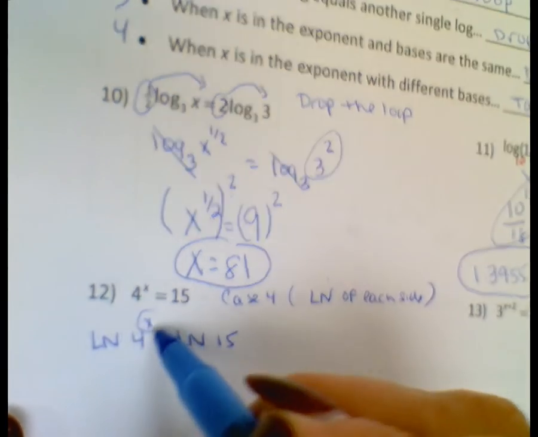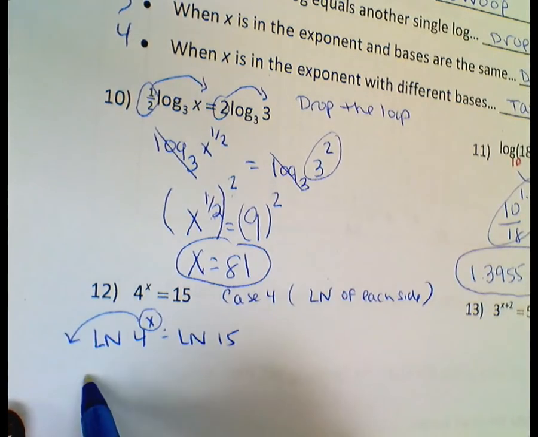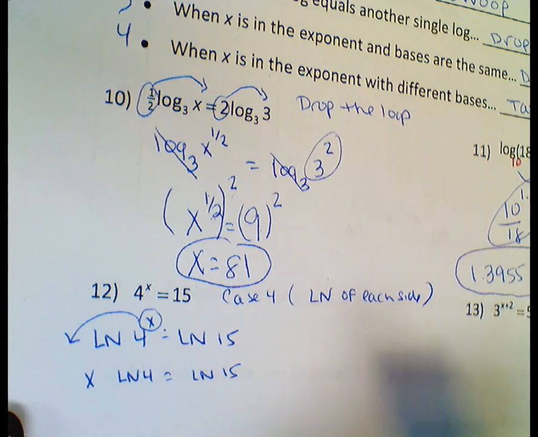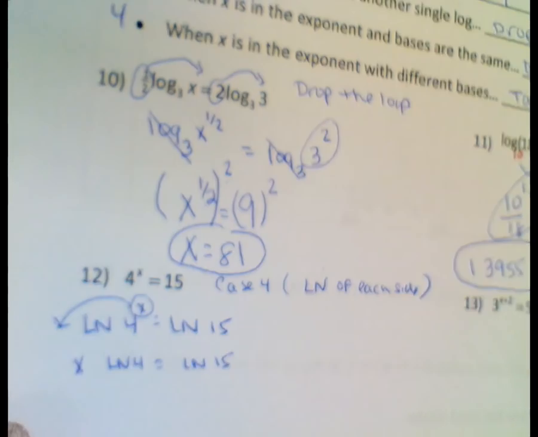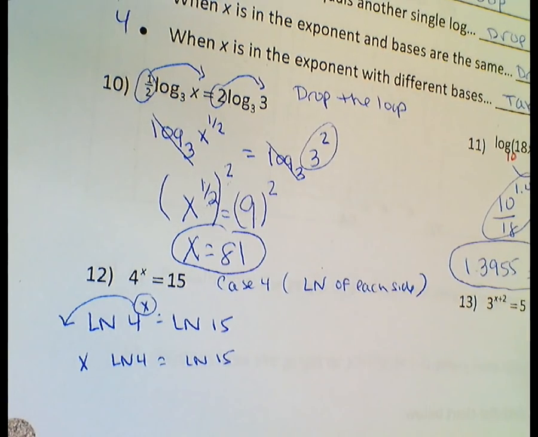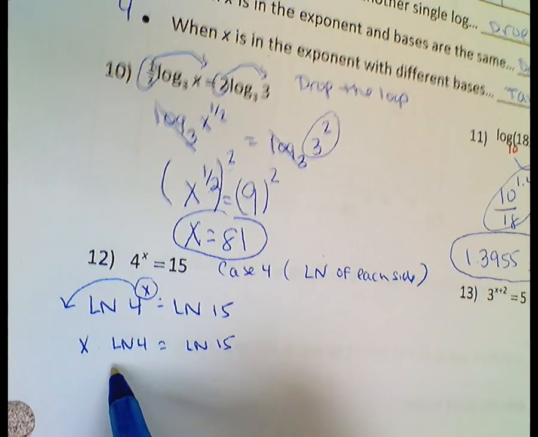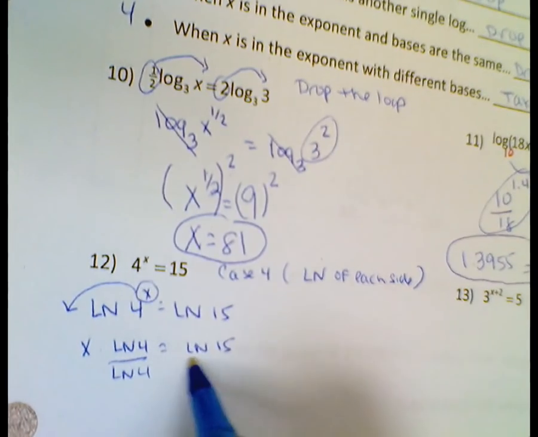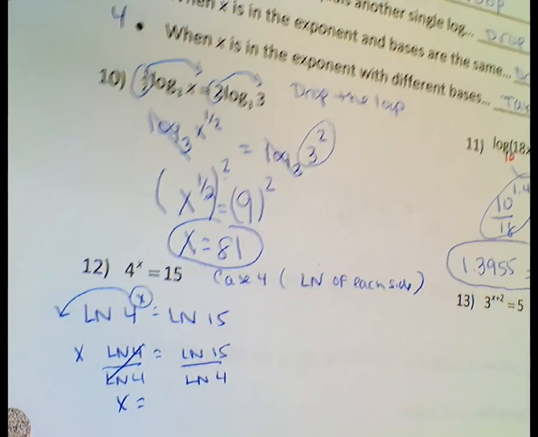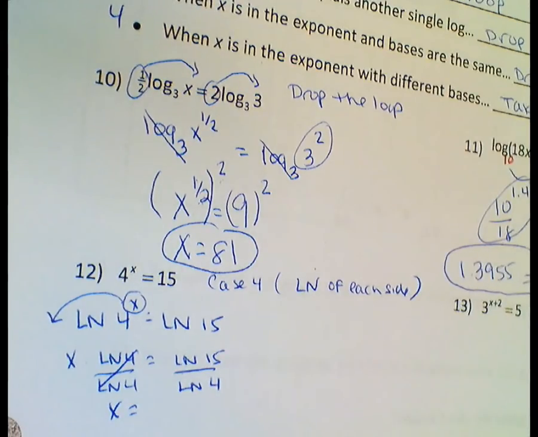By doing that, that takes that x and releases it out front. And then, since this is being multiplied, we're going to divide both sides by natural log of 4. Punch that in your calculator.